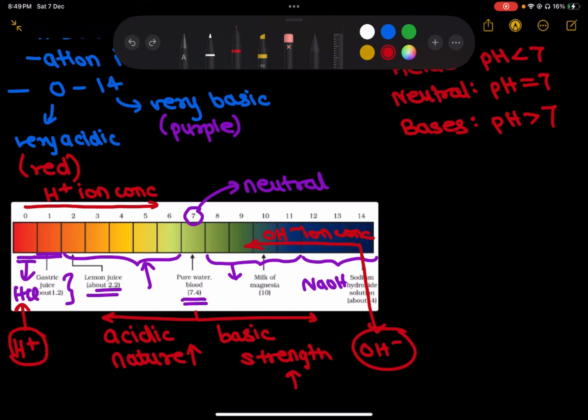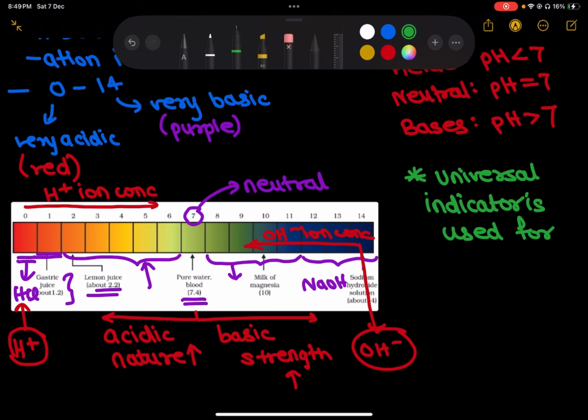So I'll write that down here. Universal indicator is used for measuring the pH scale. Okay, pH: potential or power of hydrogen.